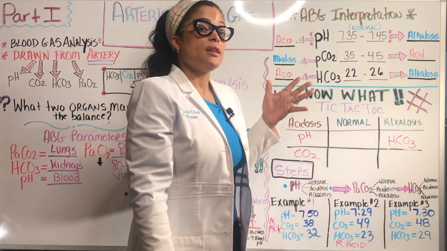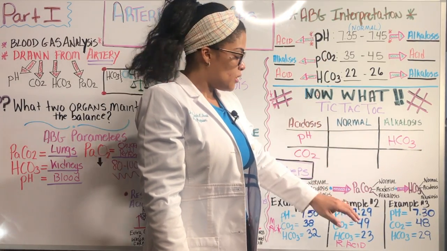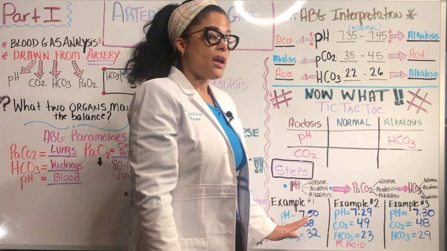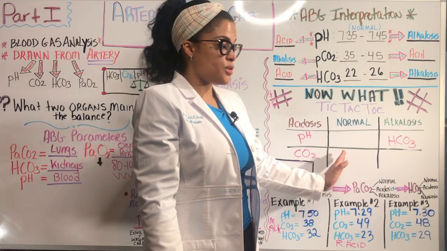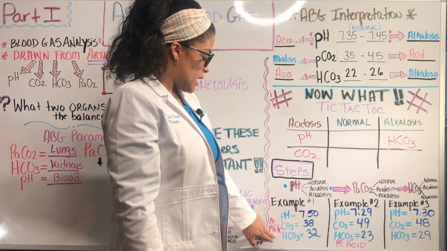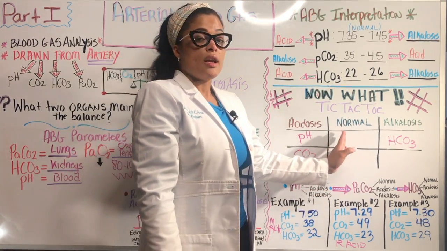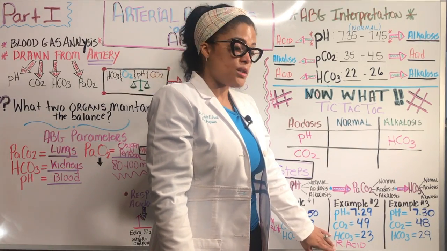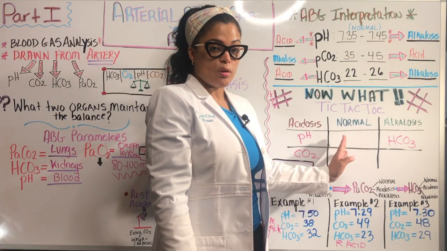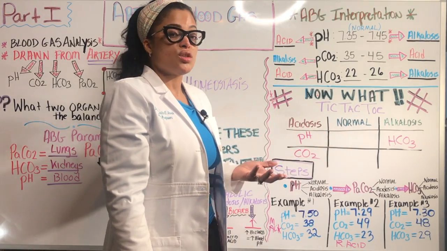As you can see, something looks different. In the previous examples, you had the opposites in the normal column. So when it was metabolic alkalosis, you had CO2 in the normal column. When it was respiratory acidosis, you had the bicarb in the normal column. What is this showing you?